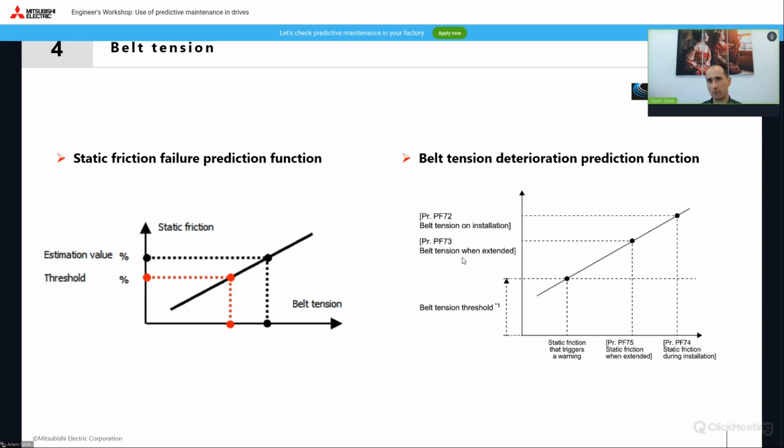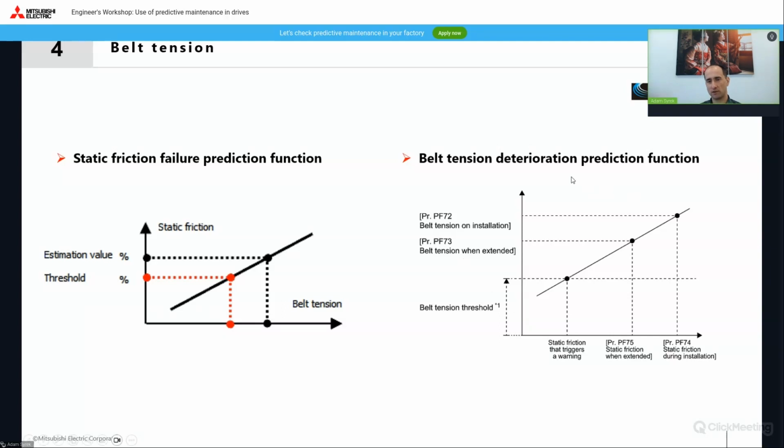Generally we let the amplifier set some limits. We start the amplifier, let it estimate the static friction, let it calculate the levels, the thresholds, and we check if there is a warning or not. So almost nothing we need to do in this case.